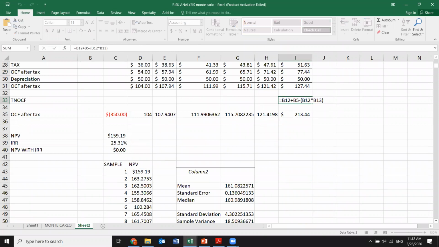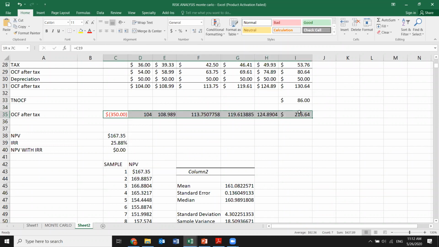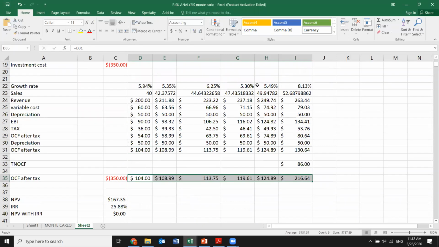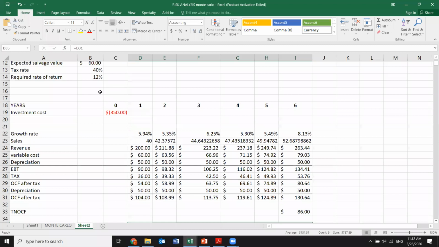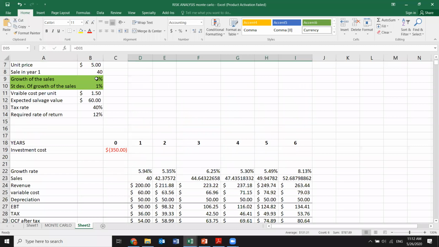Okay, we just proceed. After that, we derive the projected cash flows, but the projected cash flows come out in a way that is not predictable, because the growth rate is changing. We gave a command to Excel that the growth rate will change through randomly selected numbers that deviate around 5%.